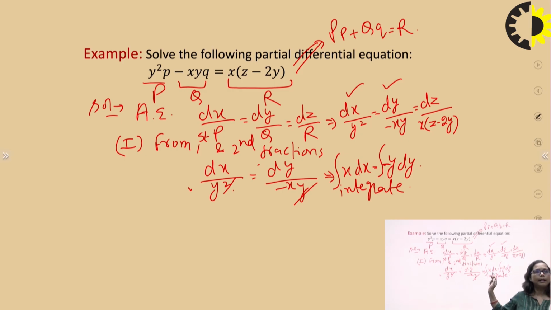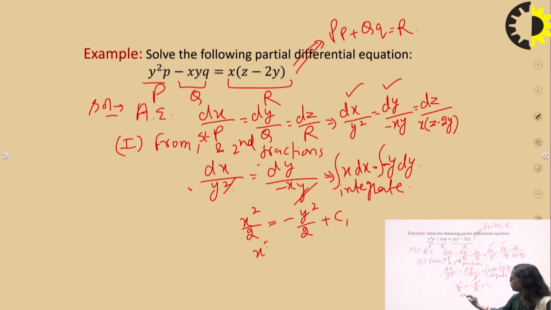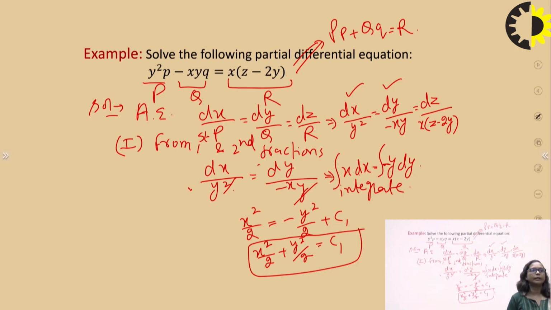The integral of x dx, you all know, is x square by 2. And the integral of y dy on the right hand side, with a minus sign, is minus y square by 2 plus one constant of integration, let me take it c1. So to find my first independent solution, I shift this over here. So x square by 2 plus y square by 2 is equal to c1 is my first independent solution.